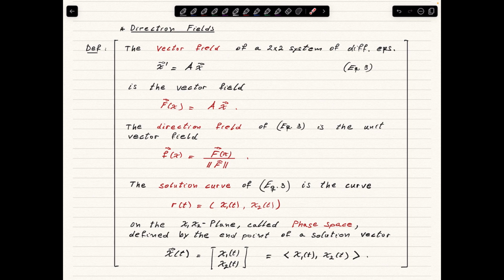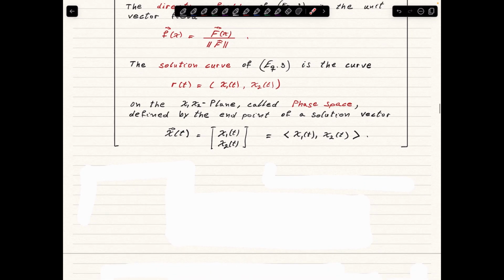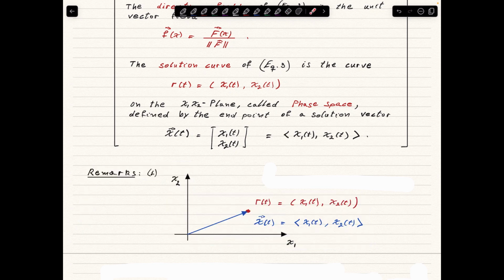So let's do a little picture to get all these ideas in a clearer way. All these graphical representations are on the plane x1, x2, where x1 and x2 are the components of the solution. So the plane x1, x2 is what we call the phase space, this plane here, where we are going to plot all these solutions.